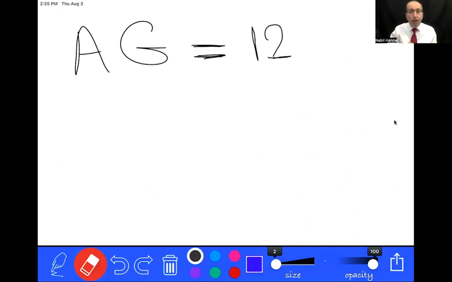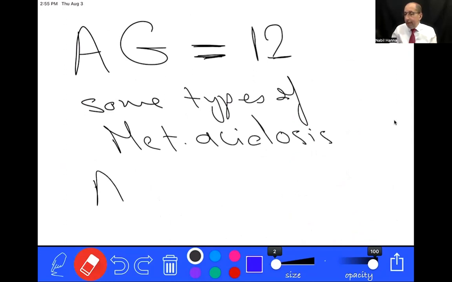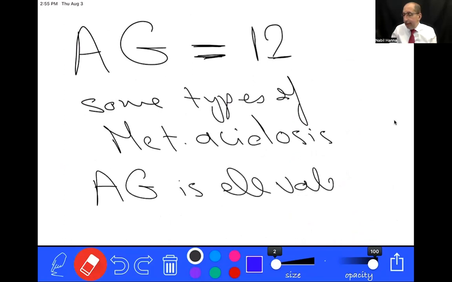What can go wrong with the anion gap? In some types of metabolic acidosis, the anion gap is elevated.